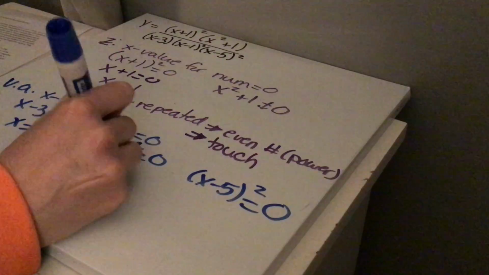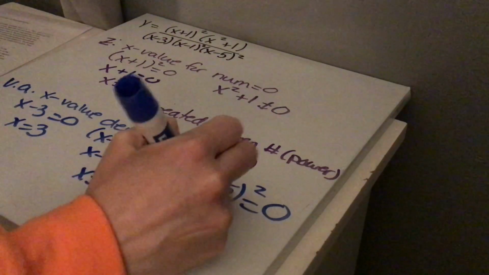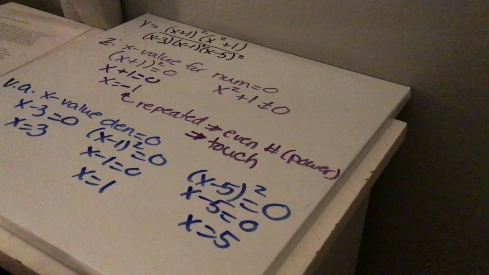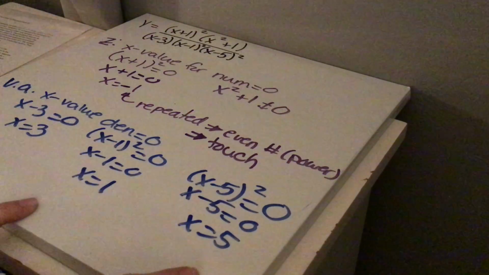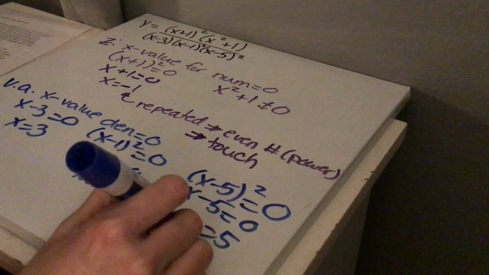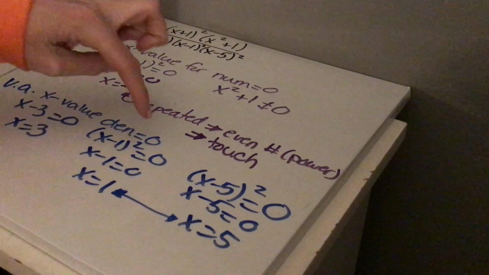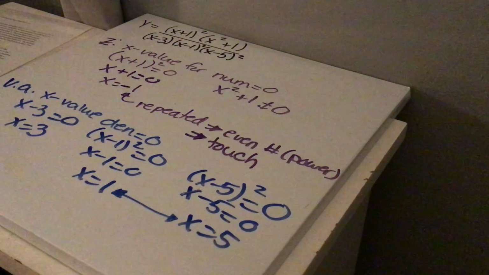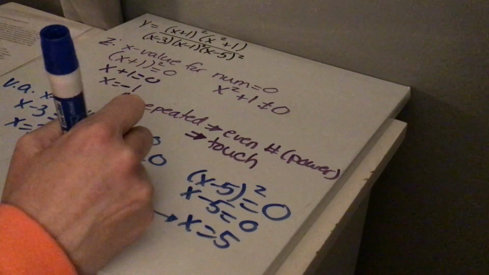X minus 1 is going to equal 0, so x could equal 1. And x minus 5, so we get that x equals 5. Again, 1 and 5 are repeated. So what that tells us is that it's repeated an even number of times, so we're just going to jump across the asymptote, but not the axis.